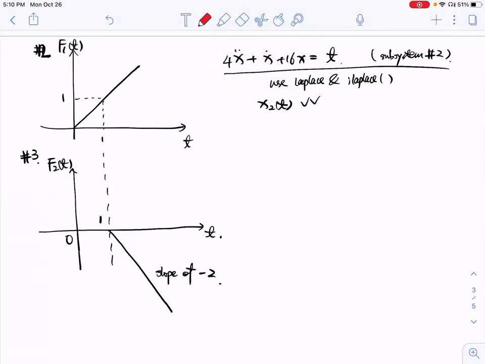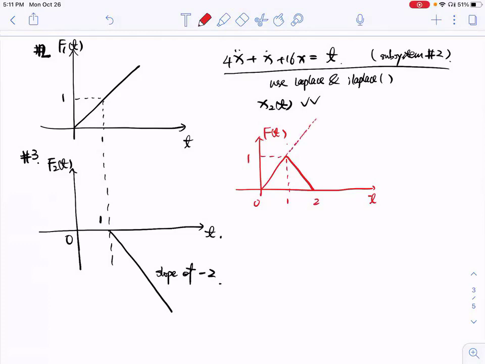So let's recall what we have initially. We have something like this: 0, 1, and 2, that's 1.